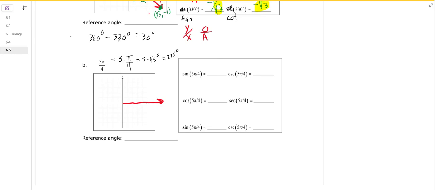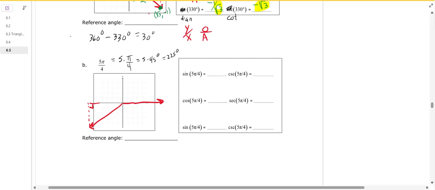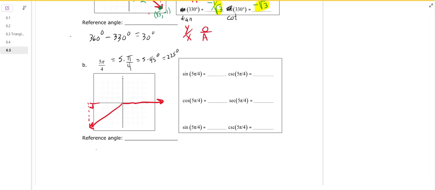And then we'll make our reference triangle here. That reference angle is going to be found by doing 225 minus 180 to give you a 45-degree reference angle. So what you get then is a 45-45 right triangle.